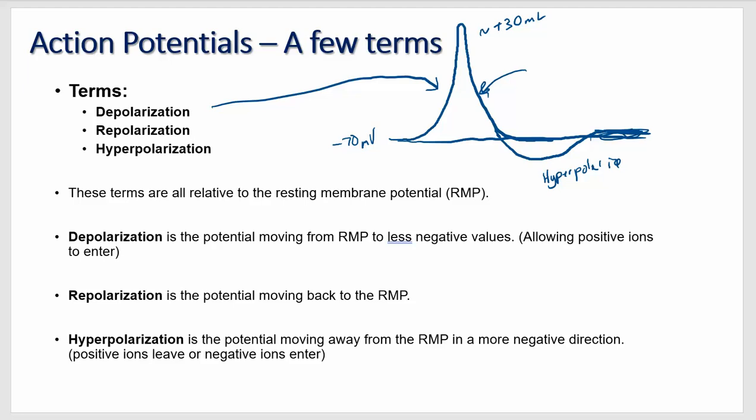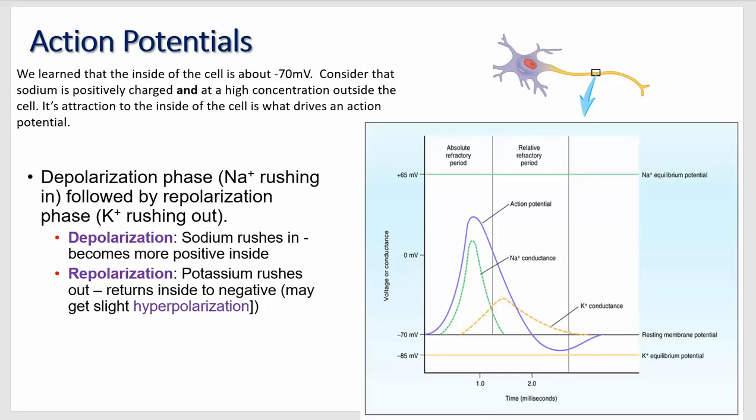Repolarization goes back down, approaching that resting membrane potential. And then hyperpolarizing means that it's gotten even more negative, like maybe down to minus 80 or something. And remember, we already said that if you open it up to potassium, potassium's not going to be happy until the inside is -90. So that's what contributes to that.